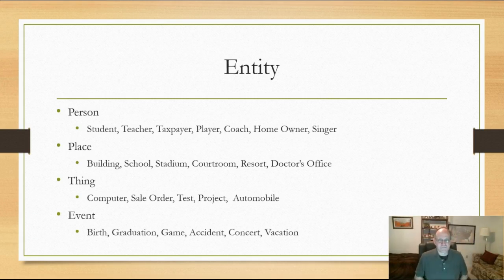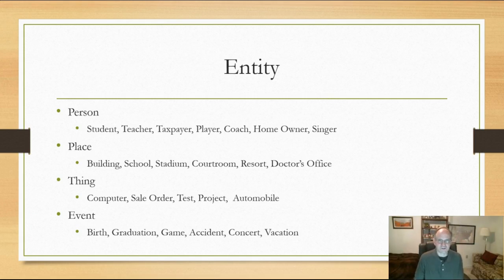Events are things that happen. They tend to have either a date or a time associated with them, such as a birth, a graduation. In sports, we have games. It could be an accident, when the accident happened. Concerts, talked about musicians earlier. Concert is an event. And my favorite, of course, is vacation.